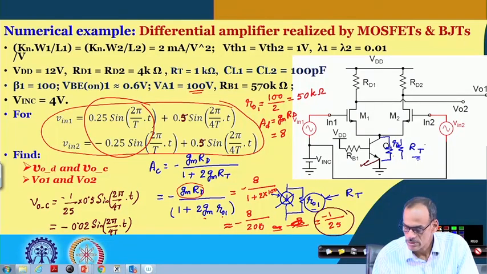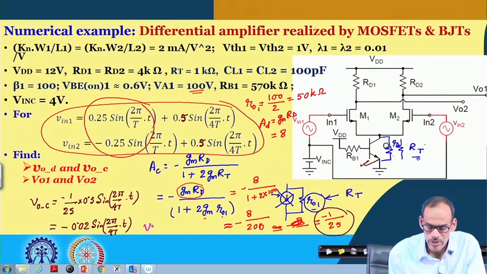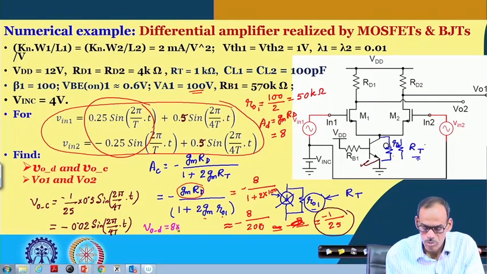So, the differential part, let me use a different color for that, pink color. So, VOD on the other hand is 8 multiplied by 0.5, difference of these two, 0.5 sin 2 pi by T into t.